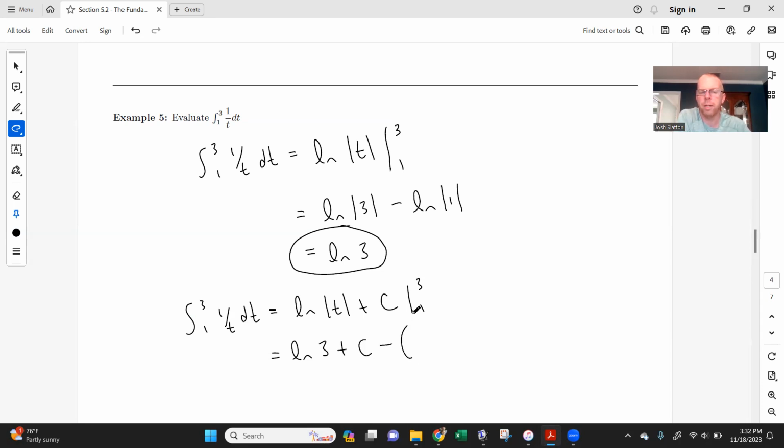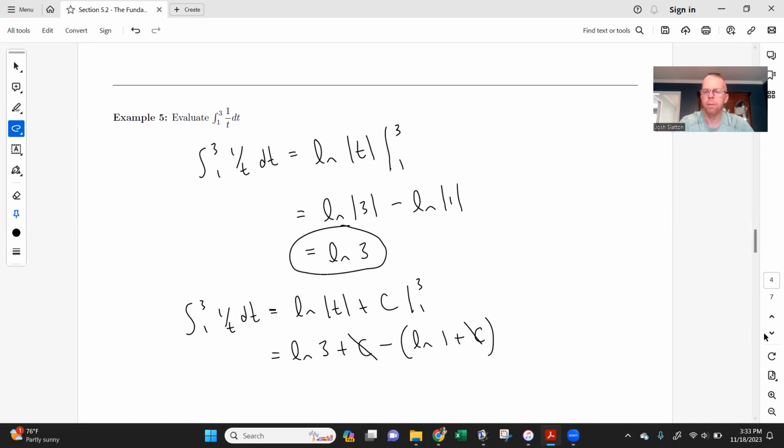And then we're going to subtract when we evaluate at 1. So ln of 1, and then evaluate c when x is 1, it's just going to be c again. Plus c. And so what you notice is the c's will just cancel out. So those will never make any difference when we're doing a definite integral, which is what this is called. So when you have limits of integration, it's called a definite integral, which we defined in the last section.